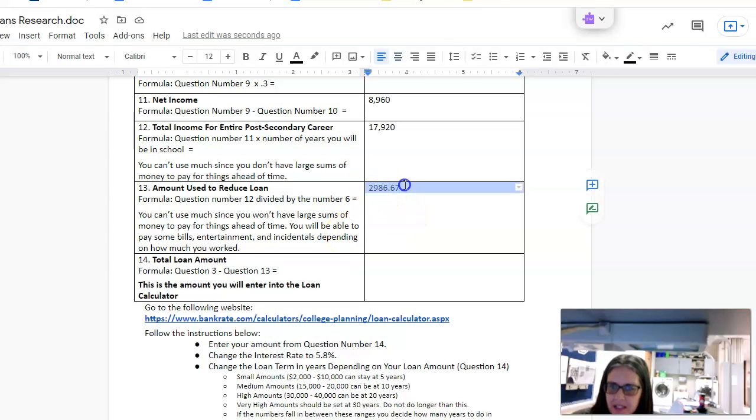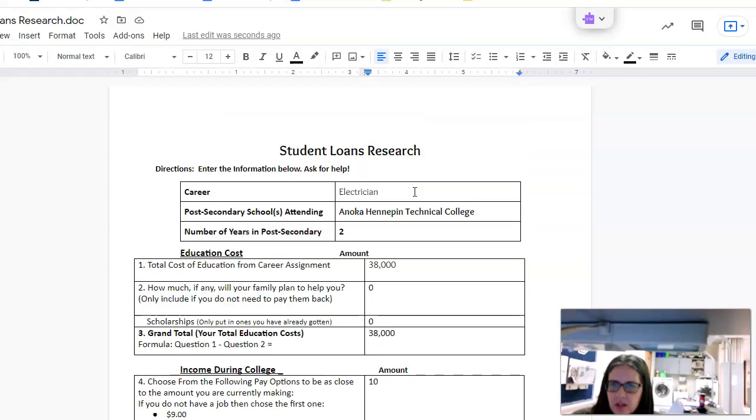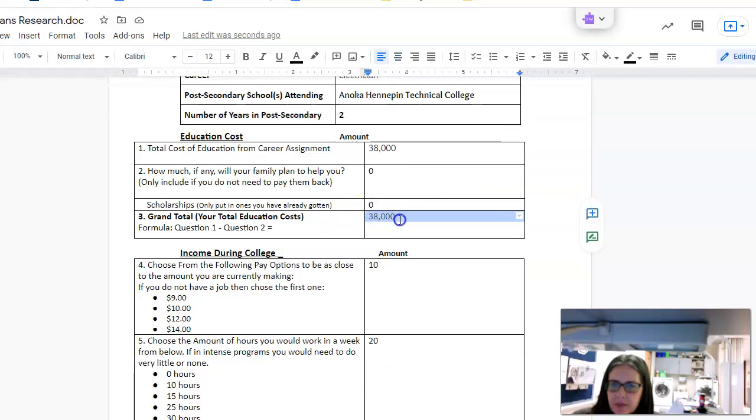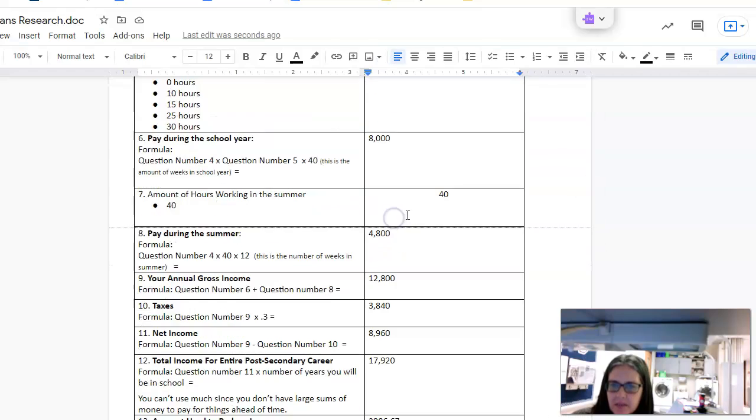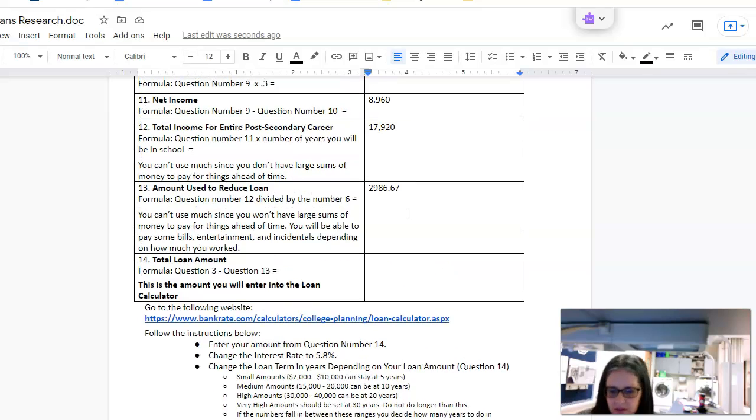So then I'm going to take this number, I'm going to scroll all the way back up, and I'm going to subtract it from number 3 here. So I have my 38,000 minus 2,986 equals, I'm not going to put the exact amount. I'm estimating. You put the exact amount in this sense.